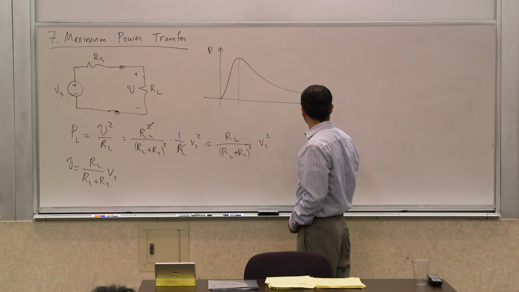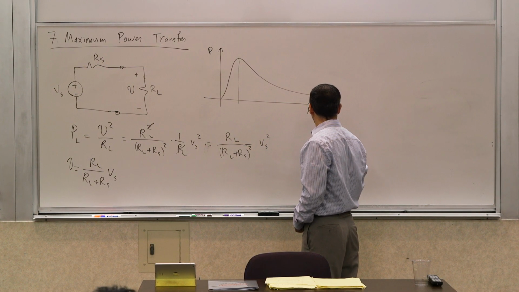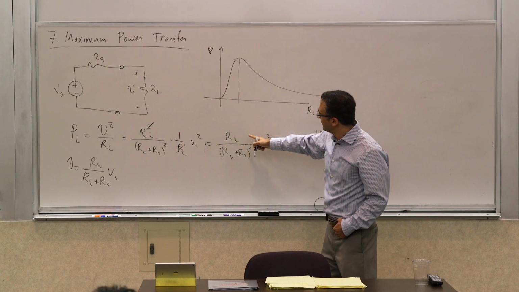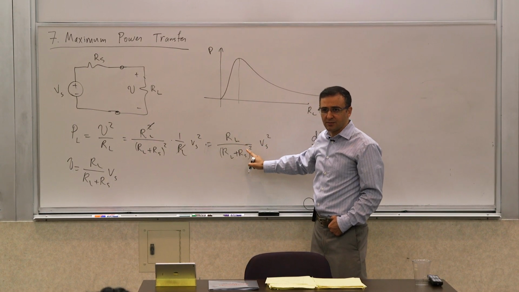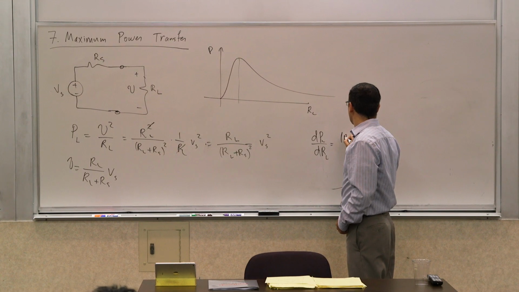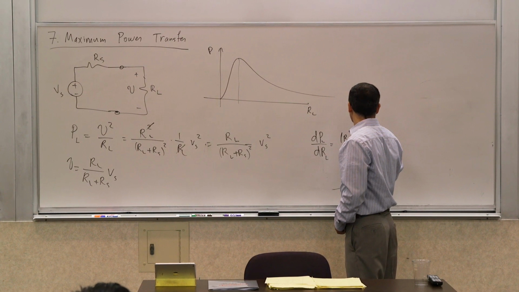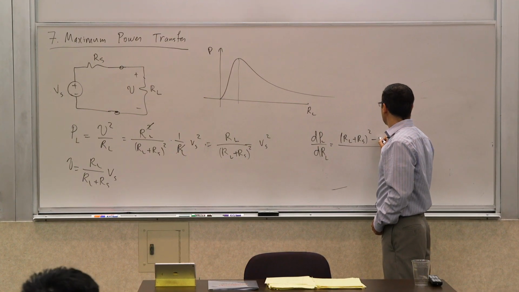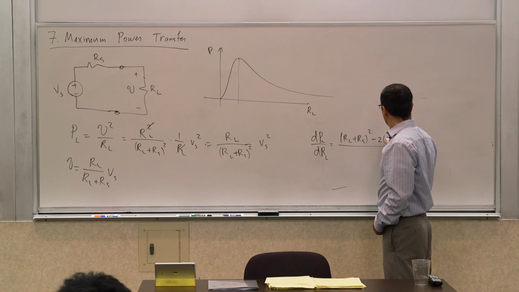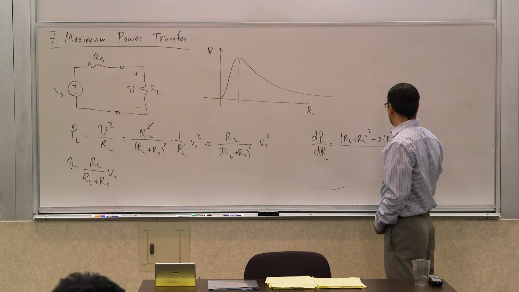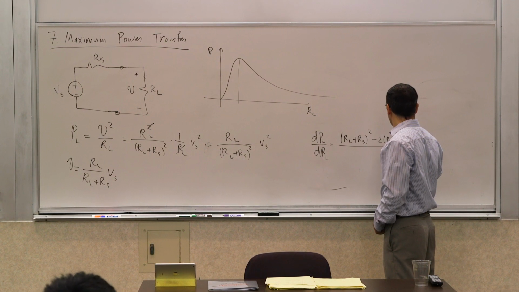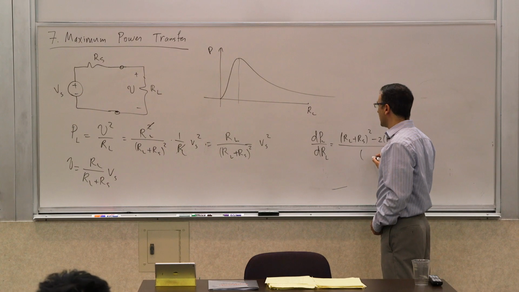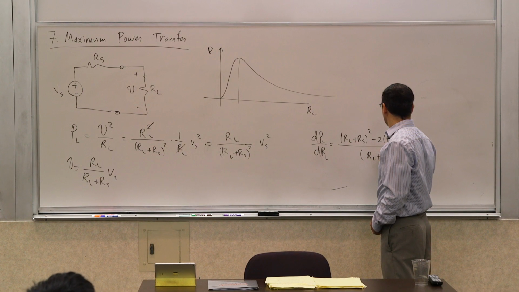So dPL divided by dRL. So the derivative of this thing is the derivative of the numerator times the denominator, which is basically RL plus RS squared, minus the derivative of the denominator times the numerator, which gives me 2 times RL plus RS times RL, divided by the denominator squared, sorry.